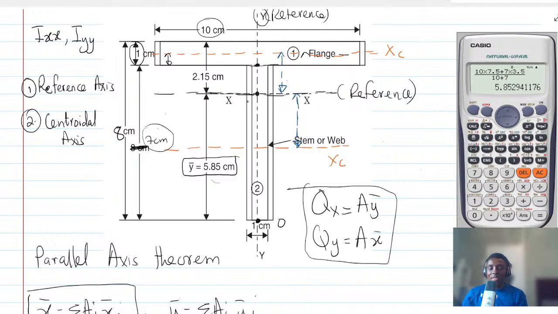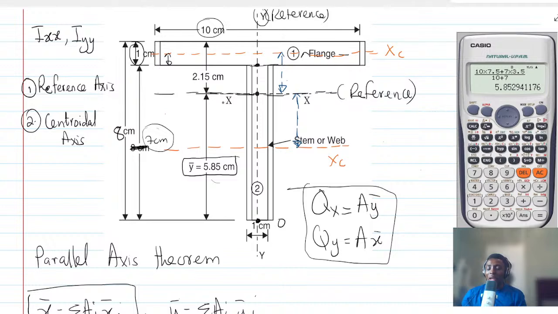So now we are coming to take the moment of area about that axis. So let me summarize this. Please listen to this carefully. Whenever you are given a question on moment of area to solve, the first thing you have to look at is which axis you are taking the moment of area about. If you have an axis which is already defined and they tell you to find the moment of area about that axis, you can go ahead and do it.